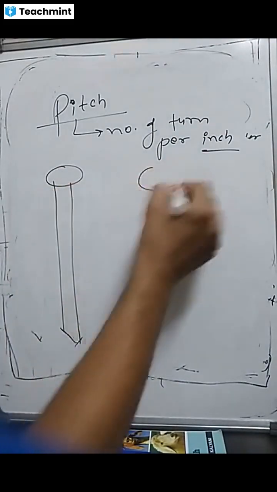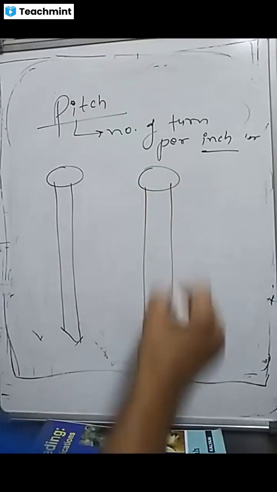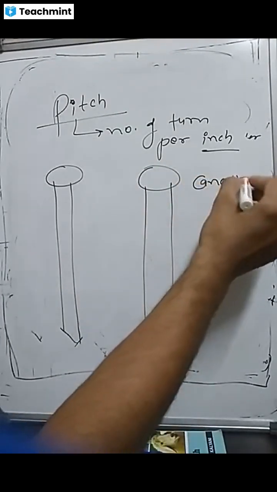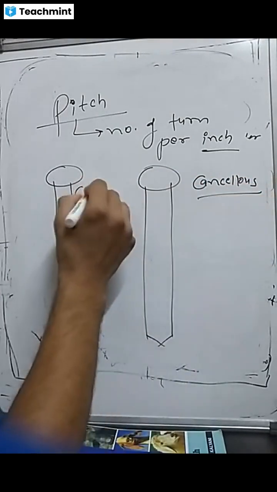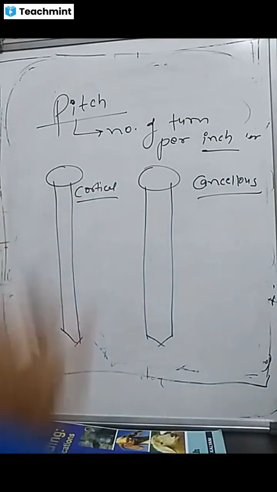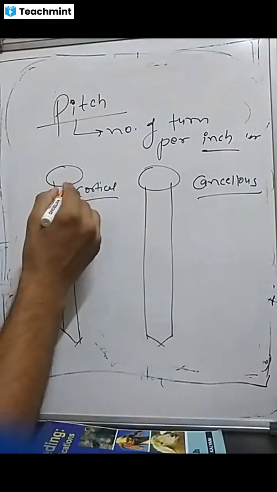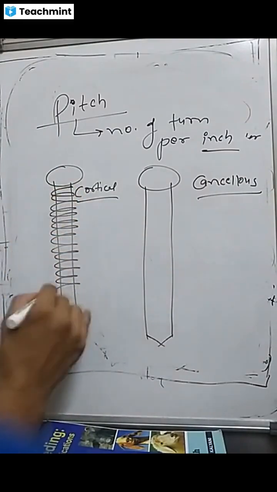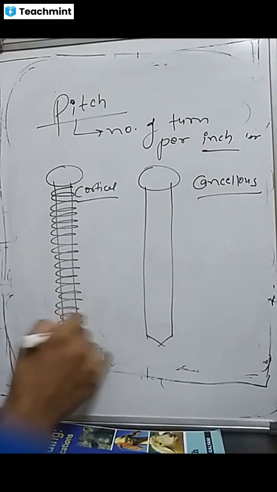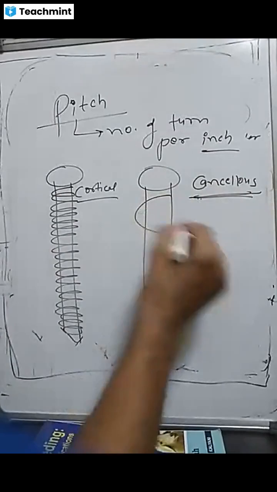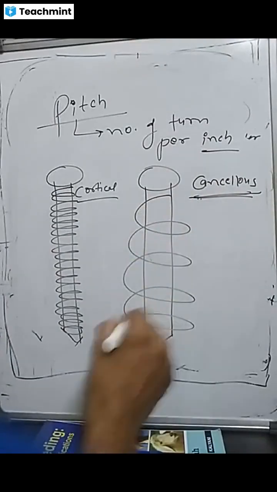This is cortical and this is cancellous. I explained to you that because cortical bone is compact, we use compact threads, which should be near to each other. Because the bone is cancellous, we use a loose, spongy screw.